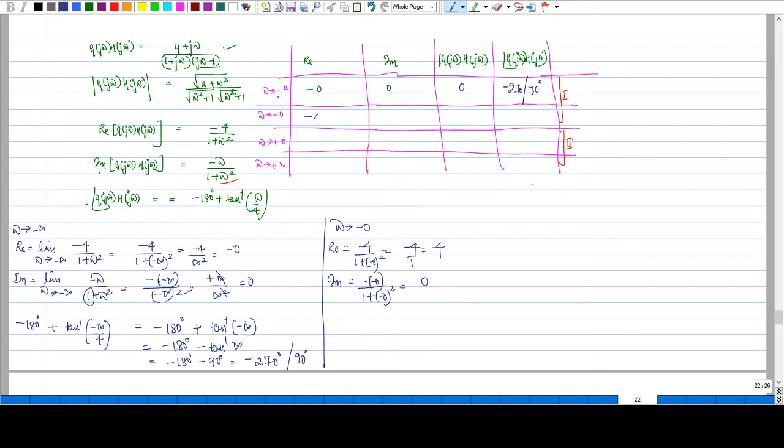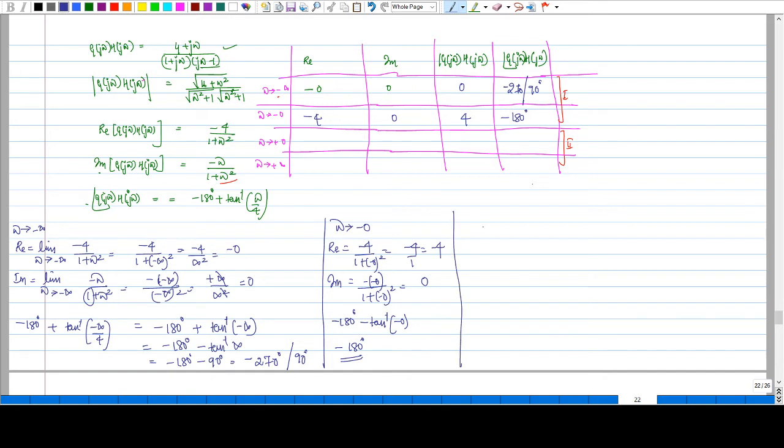So this is minus 4, this is 0, this becomes 4, and the angle is minus 180 degree minus tan inverse of minus 0. So this is minus 180 degree.